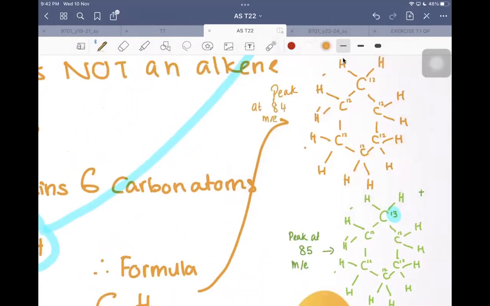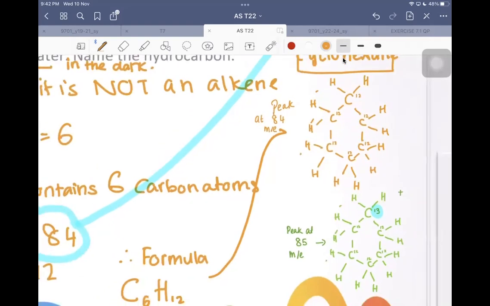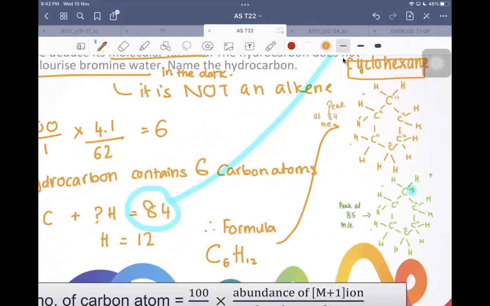Now, how do you get that carbon 13 in the molecule? It's by chance. It's not something that I can control, because in 100 molecules of carbon, about 1.1% will be carbon 13. So when I'm producing a molecule, the chance is also there. But it's not that common.